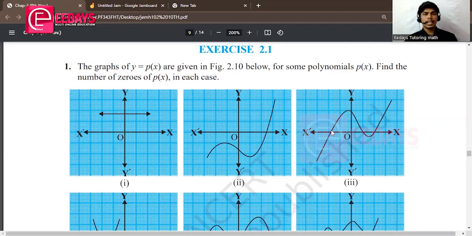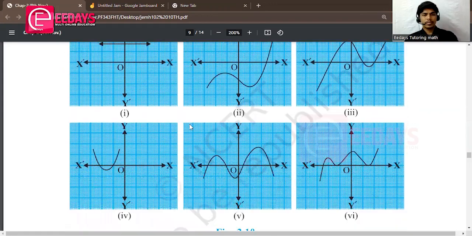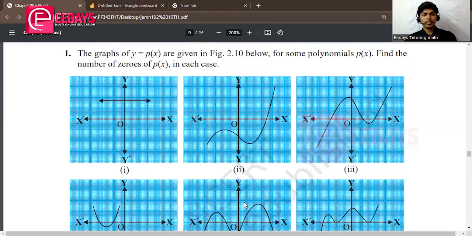Third one, it was cutting the x-axis at 3 points, 1, 2, 3.